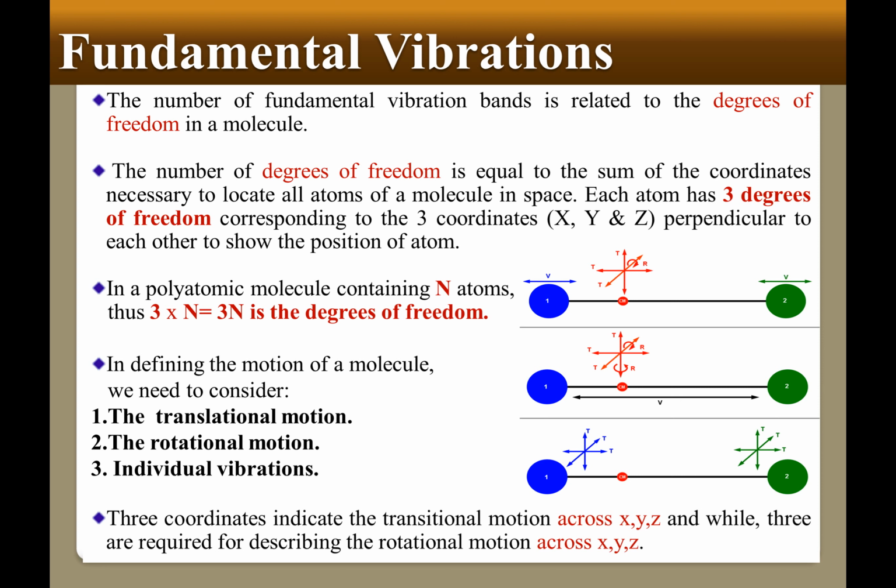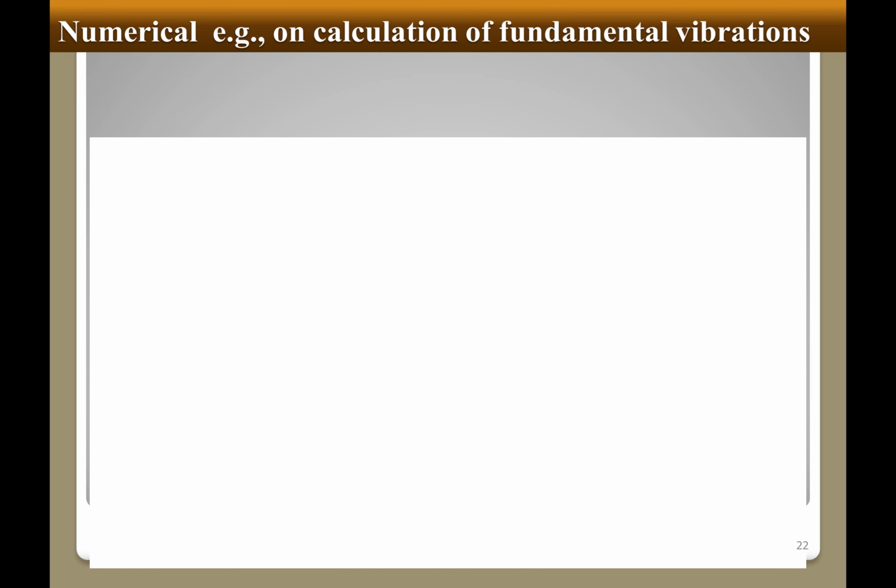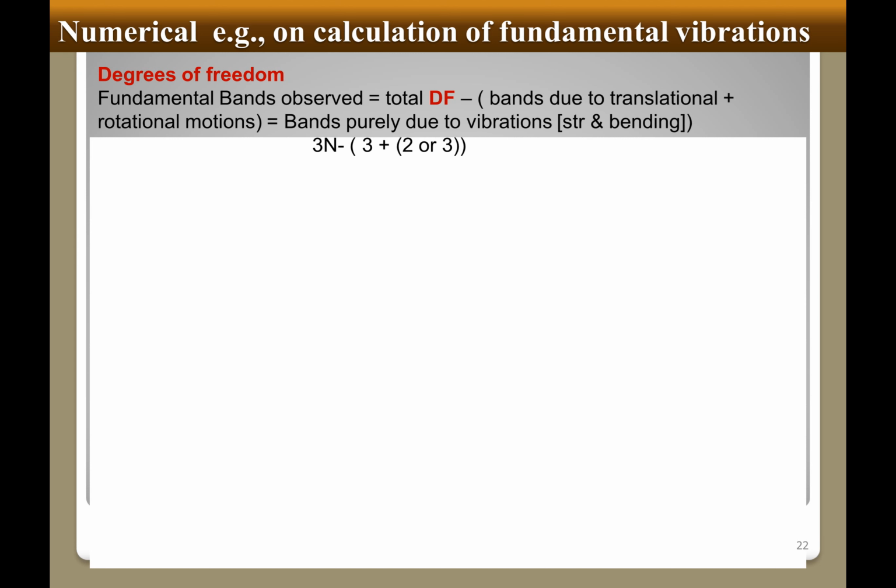Now the molecule will have basically 3 types of motions: translational motions along the x-axis, rotational motions around the y-axis, and then vibrations around the z-axis. 3 coordinates indicate the translational motions across the x, y, z axes, while 3 are required for describing the rotational motion also according to the x, y, z axes. So the fundamental vibrations observed will be the degrees of freedom minus bands due to translational motions and bands purely due to rotations.